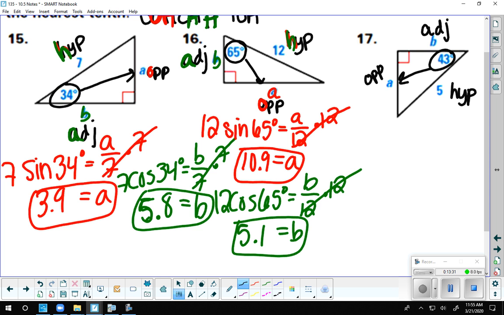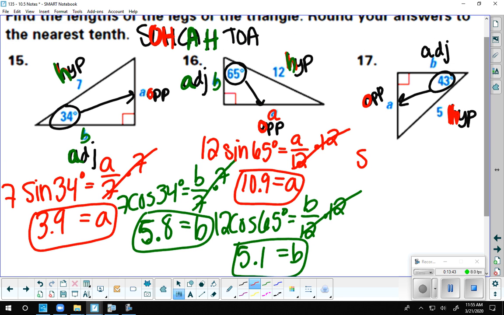To find A, it's the opposite, and they gave me the hypotenuse, which is 5. So O and H is sine. We use the sine of my 43-degree angle, which equals opposite over hypotenuse. Multiply both sides by 5. So 5 times the sine of 43 degrees is 3.4.